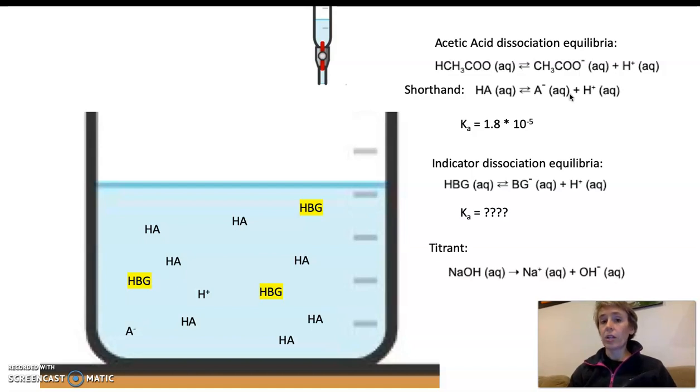Now, the titrant is a strong base, so there's no equilibrium here when we've just got sodium hydroxide dissolved in water. It fully dissociates into sodium and hydroxide. So when we first start adding it, let's think about what happens. We know that sodium hydroxide, first off, is going to dissociate into sodium and hydroxide.